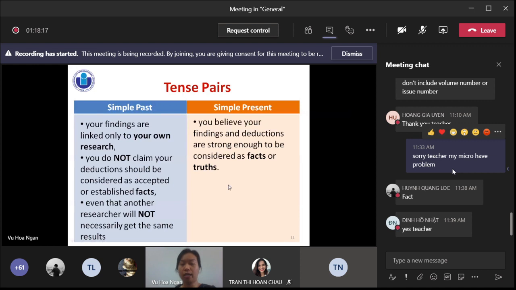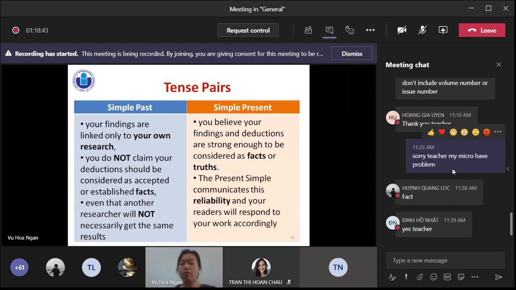Now let's have a look at simple present tense. So again, I think we all agree that it can be considered as fact or truth. So what do we mean by strong enough? Strong enough means you are certain, you are sure, you think your finding is reliable as the fact or the truth.